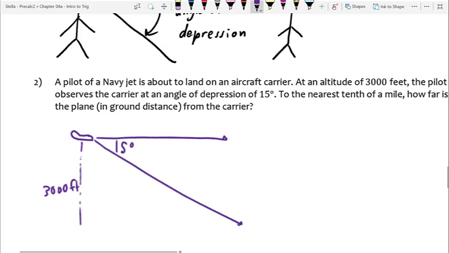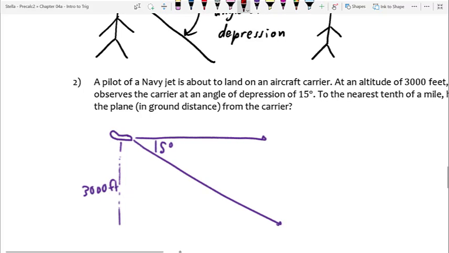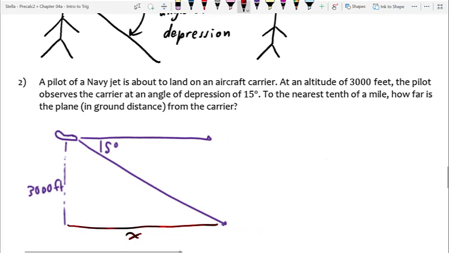And it wants to know the ground distance from the carrier, which is this distance drawn on the ground. So we'll just draw it like that, and we'll call that x. So I have a right triangle, but why don't we just fill in the triangle? I know this is also 15 degrees by alternating interior angles of parallel lines.